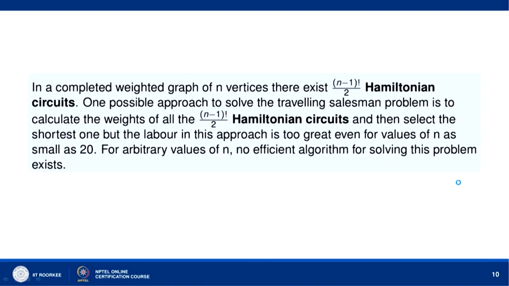Now, if you take a complete weighted graph of n vertices, then there exist (n minus 1) factorial by 2 Hamiltonian circuits.